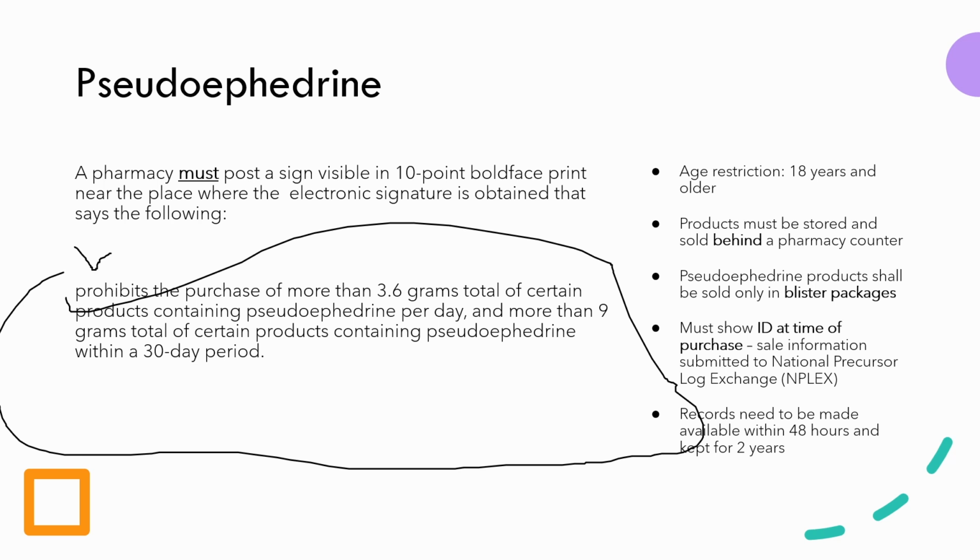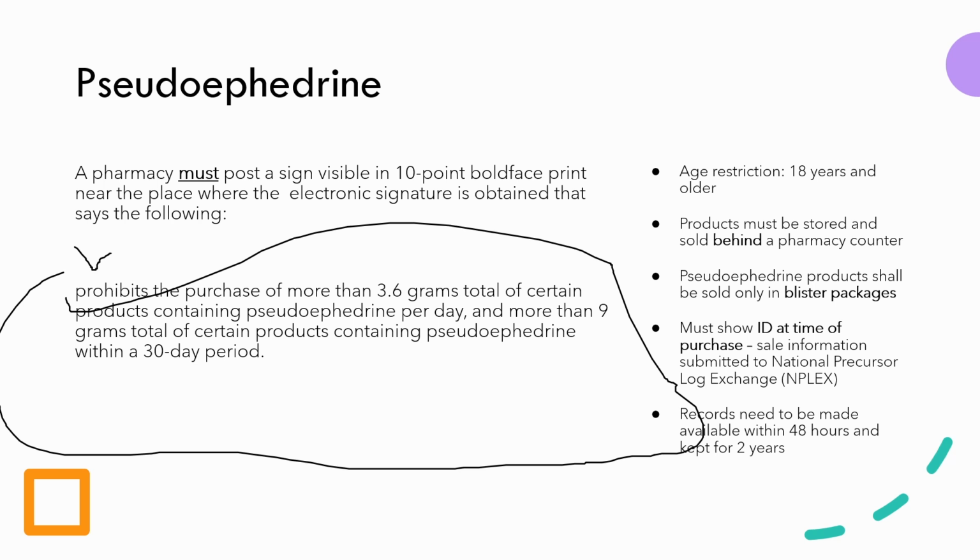Pseudoephedrine is for ages 18 and older, depending on what state you're in. These are products that are stored, but in North Carolina, it's sold behind the pharmacy counter, and pseudoephedrine products in North Carolina can be sold only in blister packages.